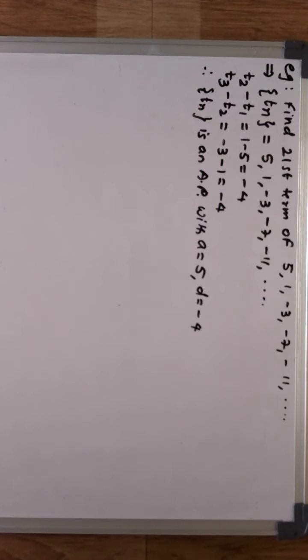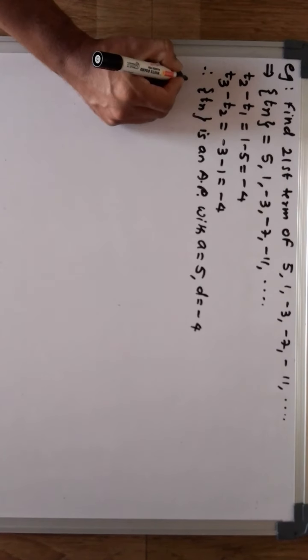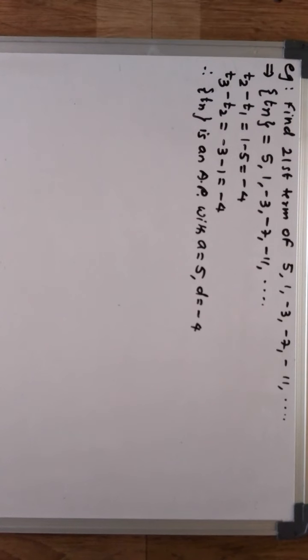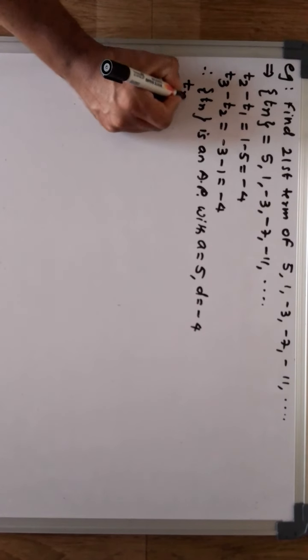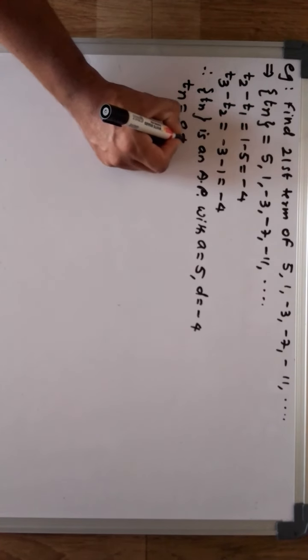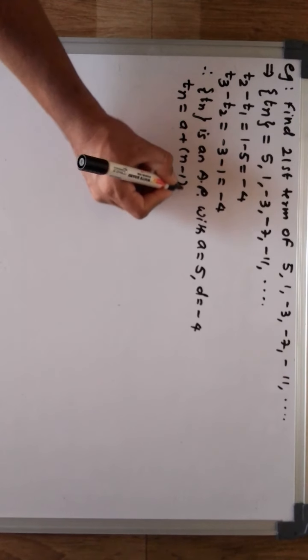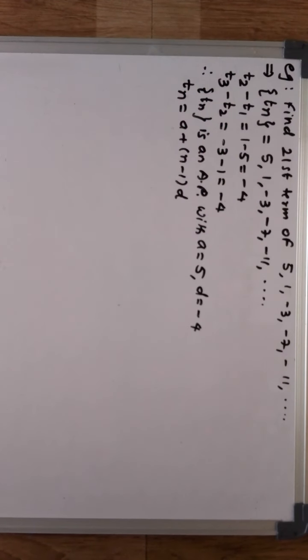Now you are expected to find the 21st term. So for finding the 21st term, we will have to know the general term. The general term we know, Tn is A plus (n minus 1)d, and I am interested in finding term number 21.